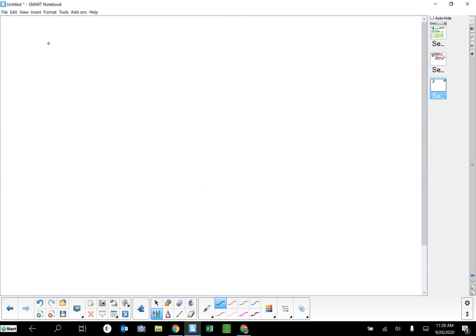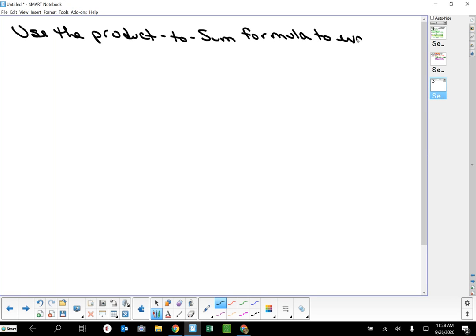So this example says use the product to sum formula to evaluate cosine 11 pi over 12 and cosine pi over 12.